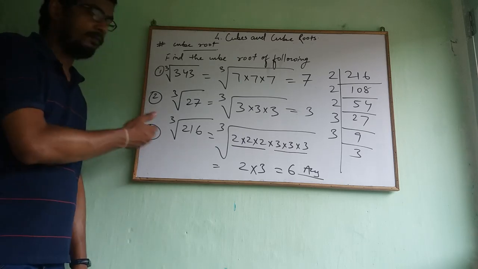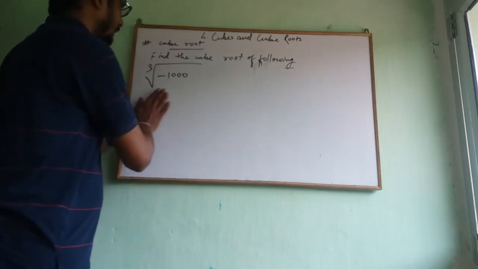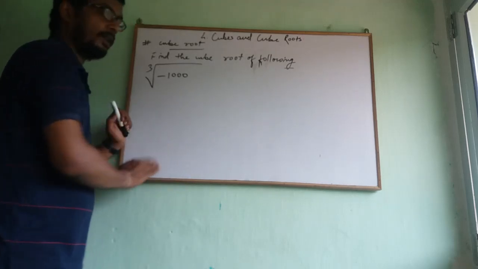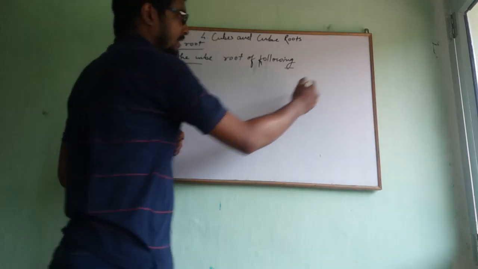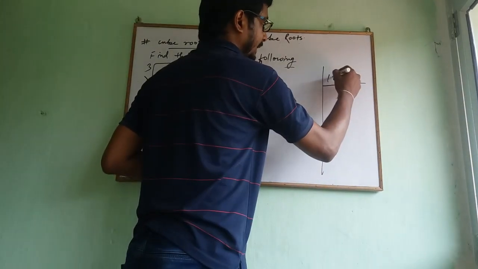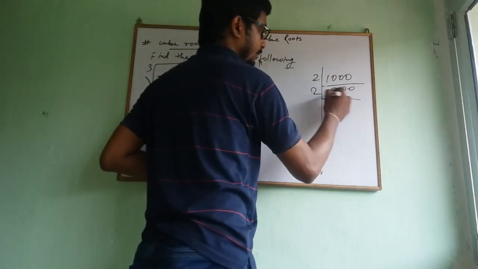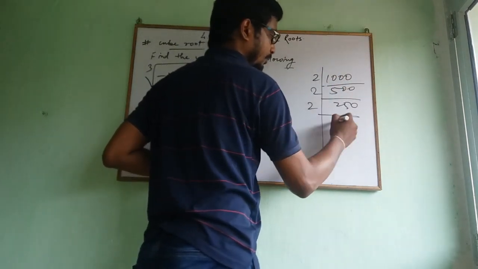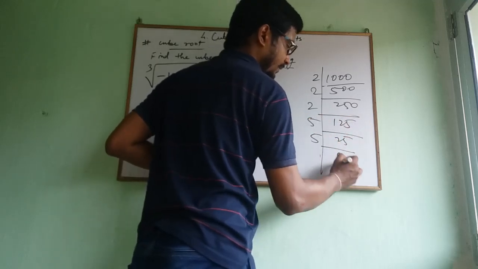Now let's take some more examples with negative numbers. Now students, let's take one more example, that is finding the cube root of minus 1000. So first of all, I will try and factorize 1000. So it becomes 500, again 2 becomes 250, again 2 becomes 125, then 5 becomes 25, and then 5 becomes 5.